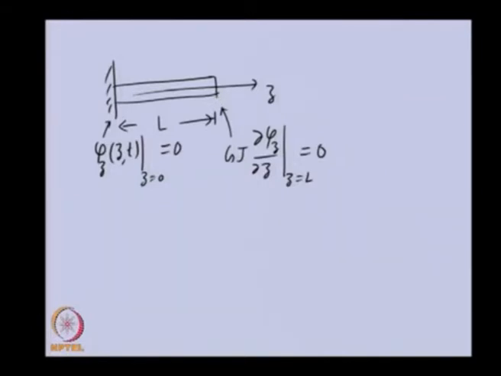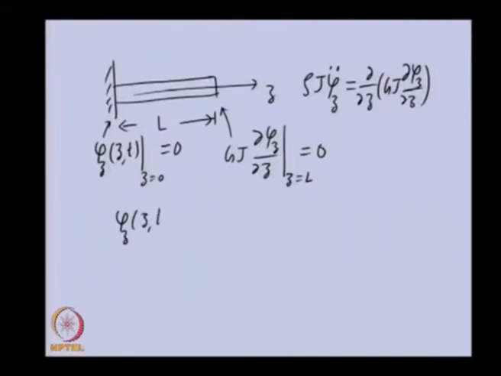Now to solve the differential equation which we obtained earlier, I am writing it again: rho J times the second time derivative of phi equals the derivative of G J times the derivative of phi with respect to Z. We will use the separation of variables method to solve this, in which we assume the solution has two parts.